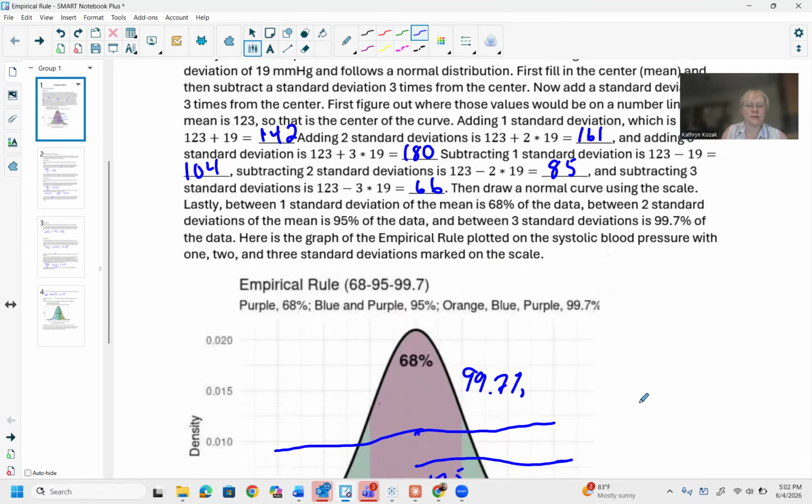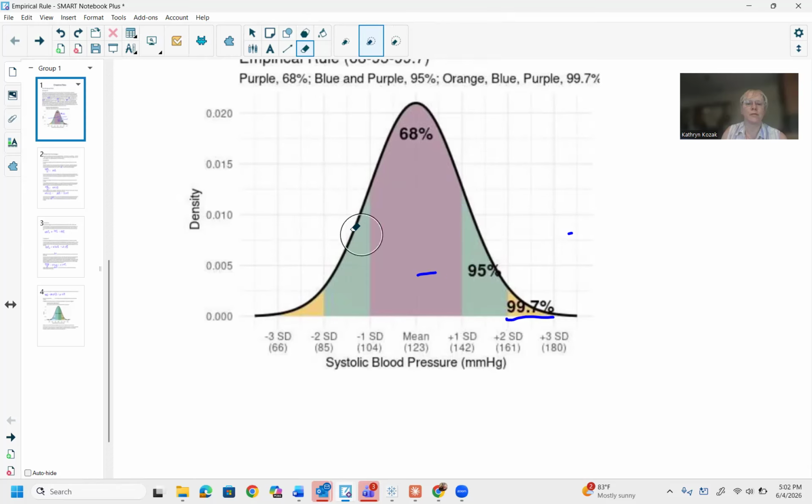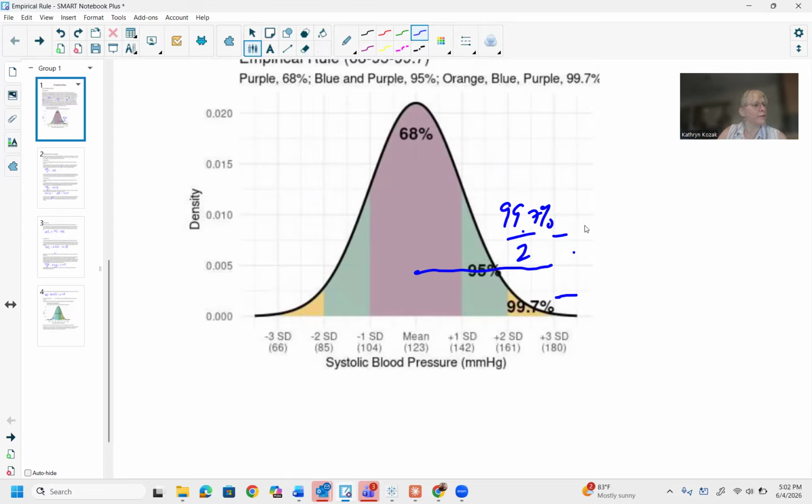Again, what that region is on our normal curve is we're looking for this little tiny region right here. And we know that this is the 99.7% divided by 2, and then minus the 50%, or the 50% minus that, sorry. I don't usually get these wrong, I apologize.